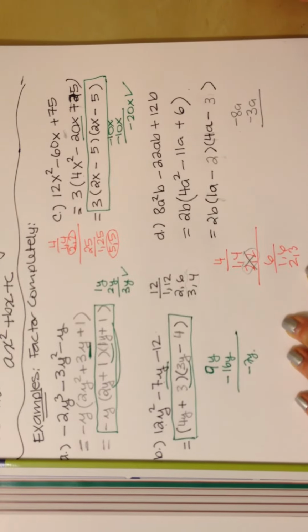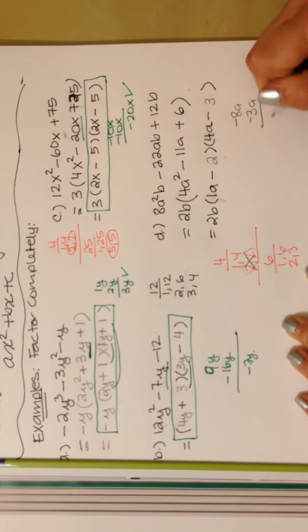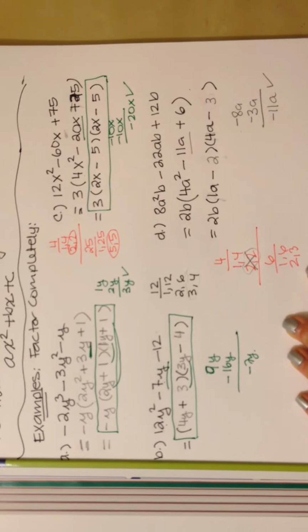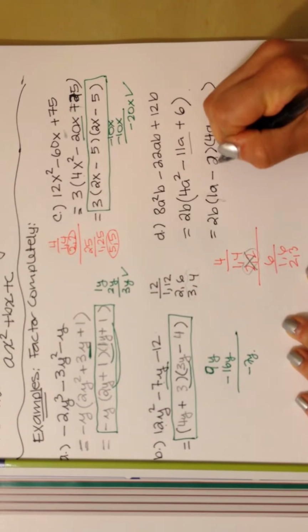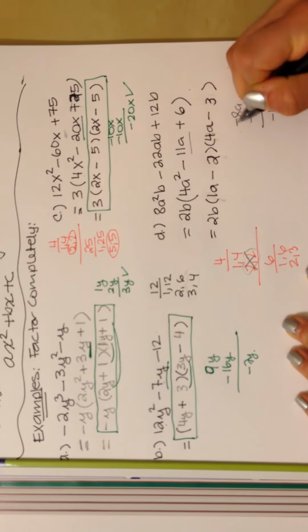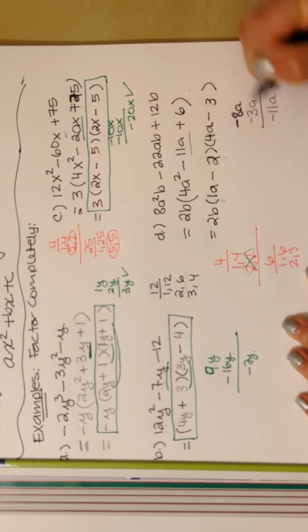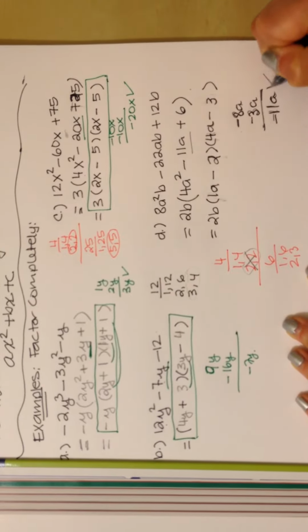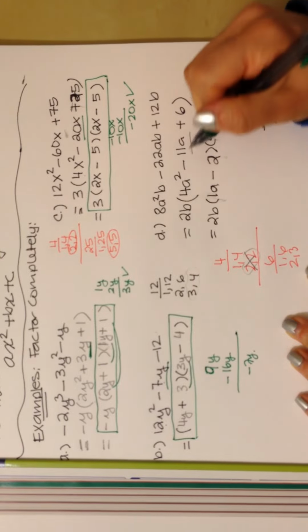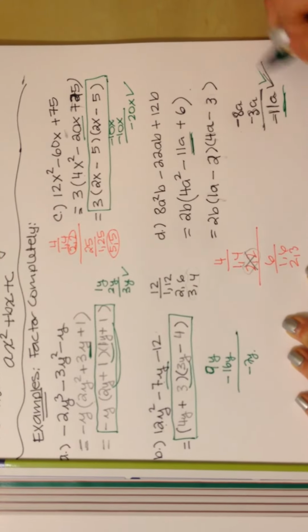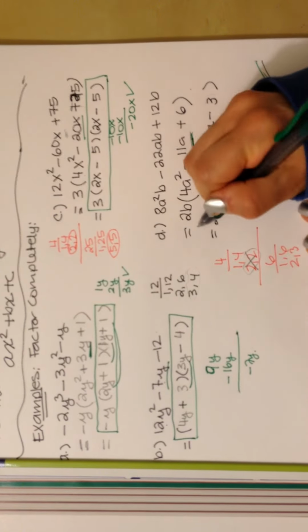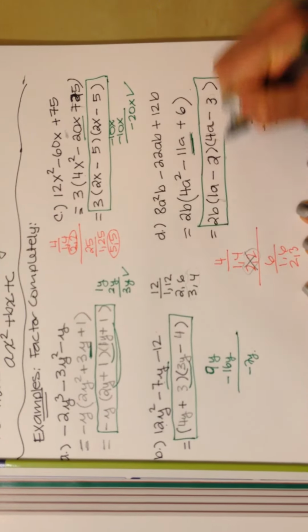Does that give me a negative 11? It sure does, negative 11a, which matches my middle term. Okay, so I know that it's correct. Let me just use a pen here and we check. So it works. So again, let's box this and then we are done.